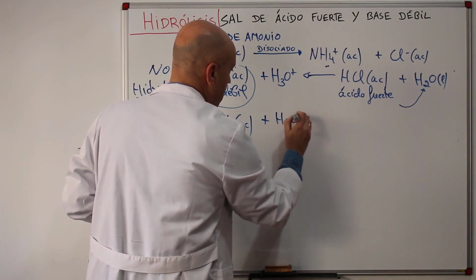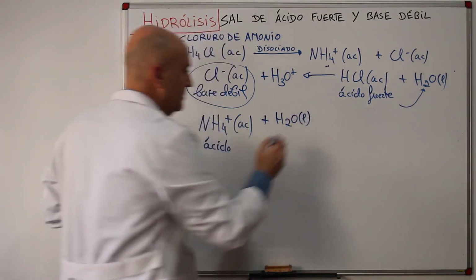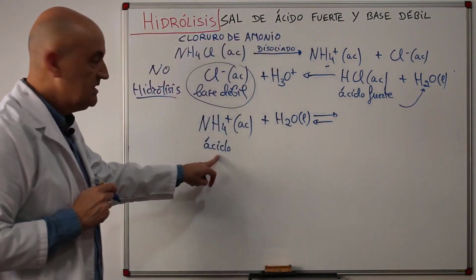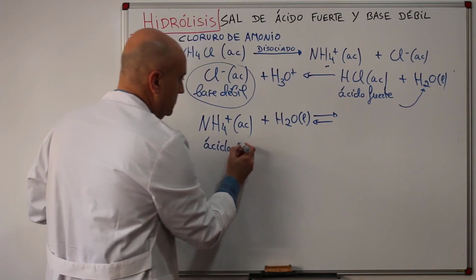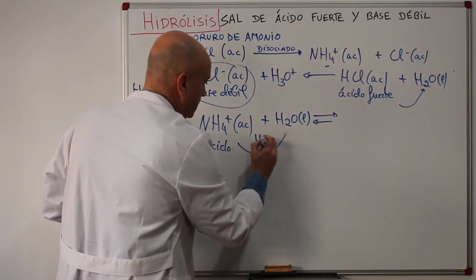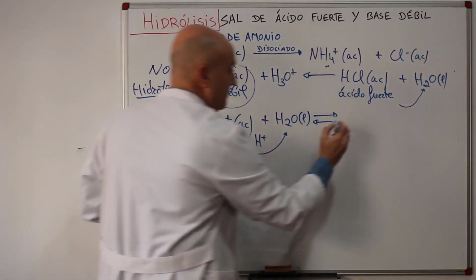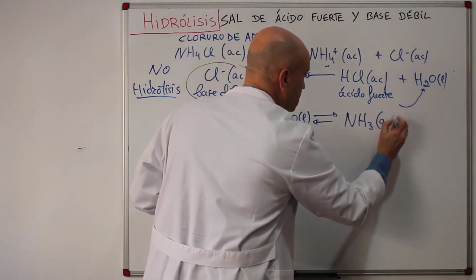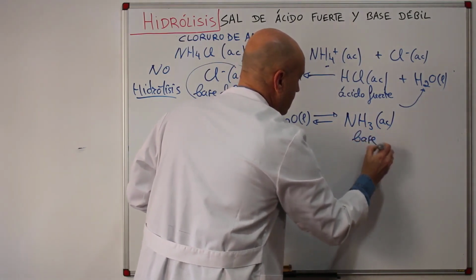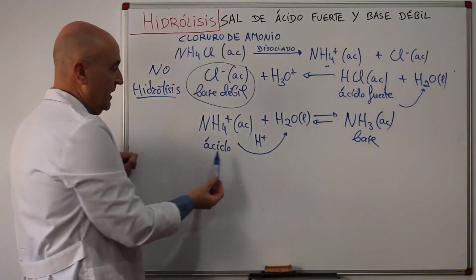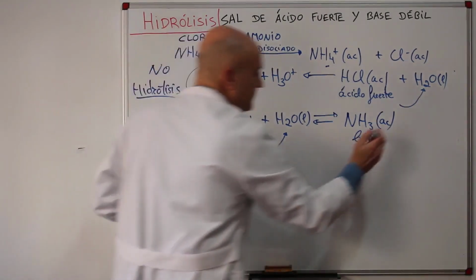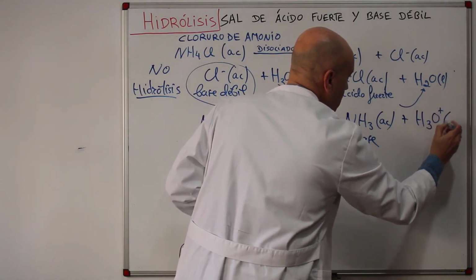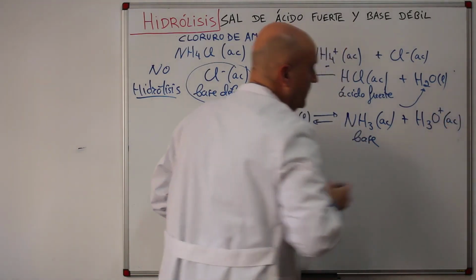Against liquid water, and now it would form, and I'm going to put a double arrow, the base ammonia NH3. Losing the proton and passing it to the water, that proton stays bonded to water, which is what we call H3O+, the hydronium ion.